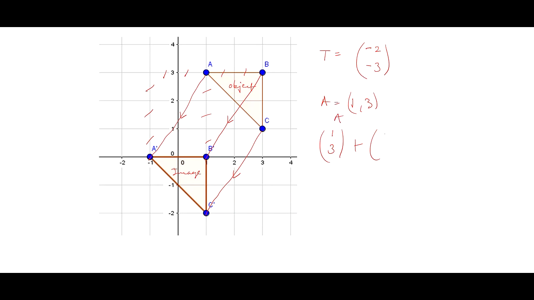So this is A, this is T, -2, -3, and this will give me A prime, which would be 1 - 2 is -1, and 3 - 3 is 0. So therefore the coordinates of A prime is -1, 0. Is that true? This is where A prime is, and the coordinates of A prime is actually -1, 0. Right? So we can do it by calculation.